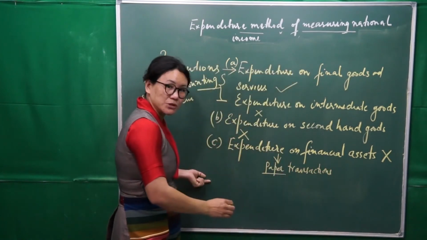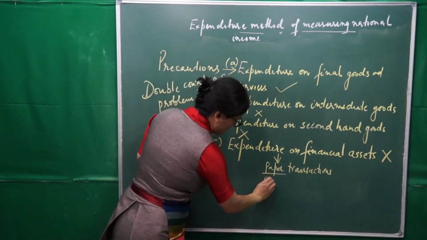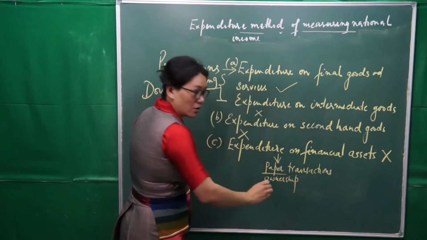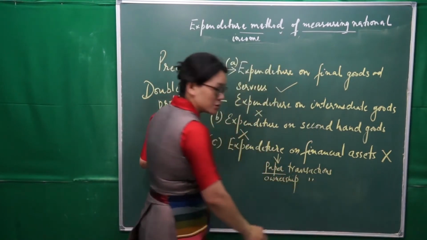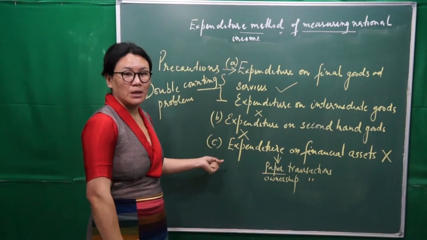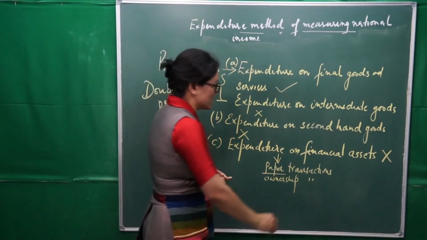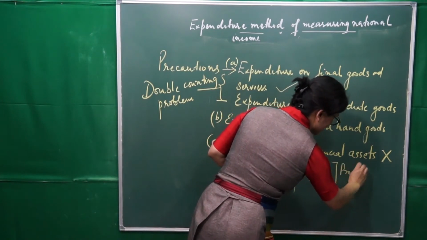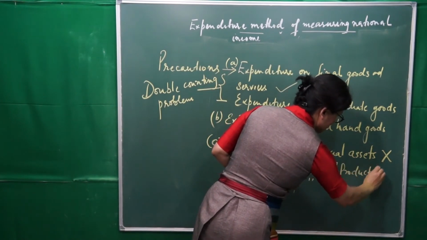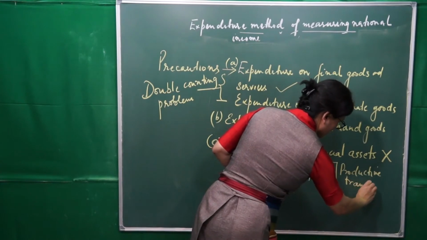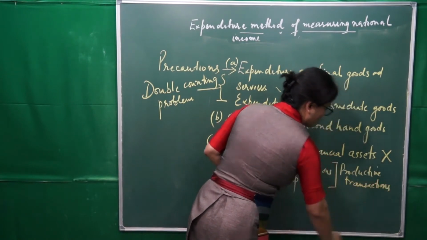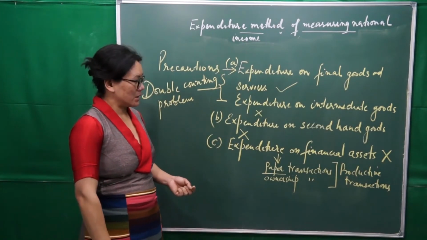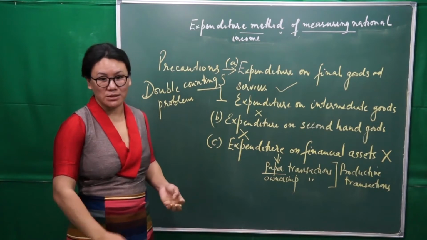Instead of paper transactions, we can also say it is just an ownership transaction. It does not cause any productive transactions. So, this one is also not included in this method.